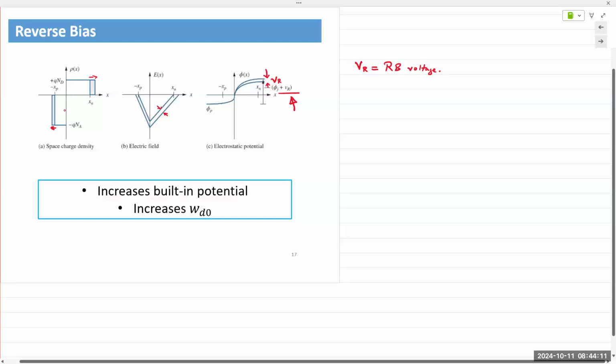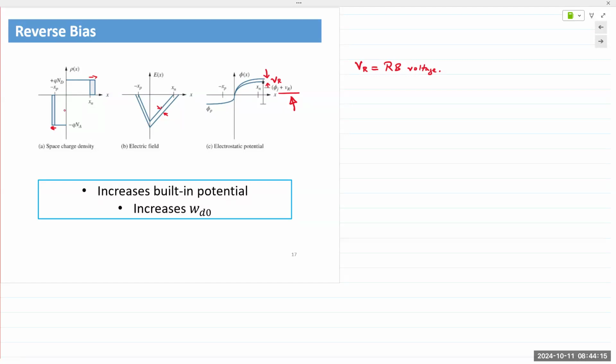And VR is the reverse bias voltage that is actually applied, the external energy source. So there are no majority carriers that are crossing the junction. We have no major current flow, but the minority carriers are still crossing the junction, resulting in that reverse saturation current. If we keep increasing the voltage, the saturation current keeps increasing.